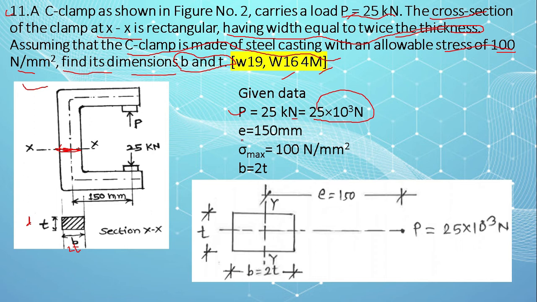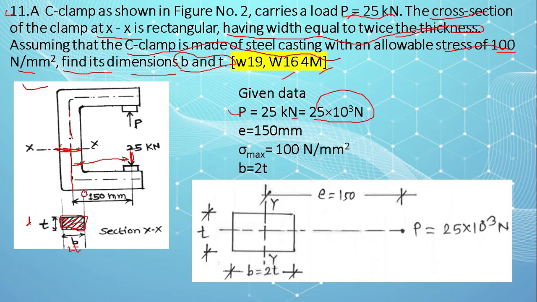Now eccentricity e: as this force is applied here and we have to find the dimension here, this is our axis. The distance of this axis from the point of application of the load is 150.